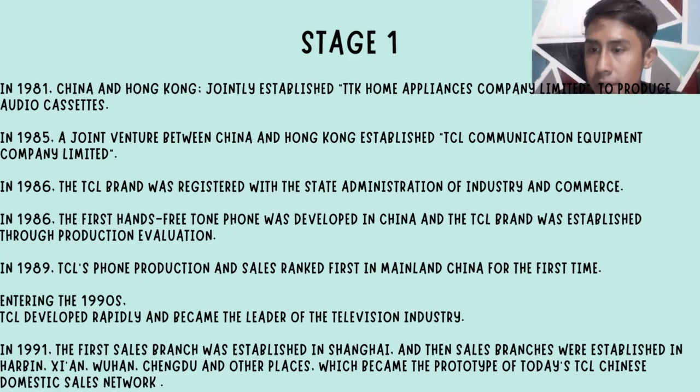In 1991, the first sales branch was established in Shanghai, and sales branches were established in Harbin, Xi'an, Wuhan, Chengdu, and other places, forming the foundation of TCL's Chinese domestic sales network today.